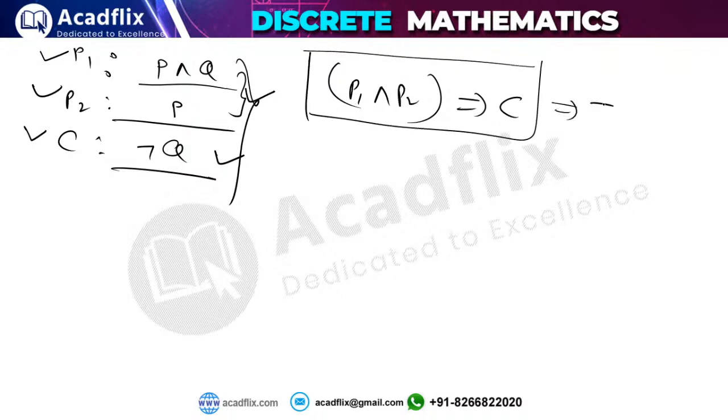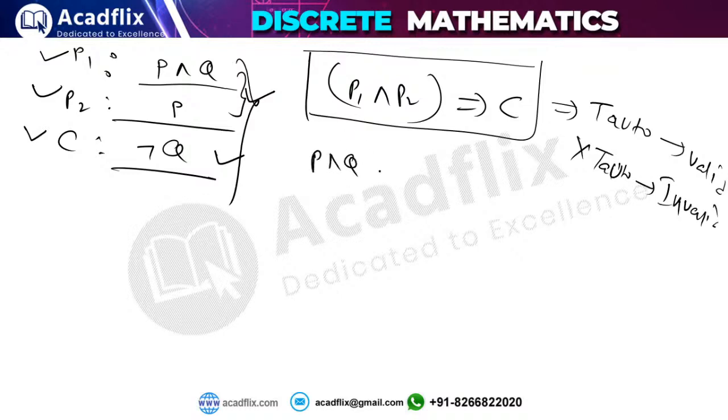If this is a tautology, then the argument is valid. If this is not a tautology, then the argument is invalid. So what is P1? P1 is nothing but P and Q, and P2 is P. So P and Q and P implies not Q.